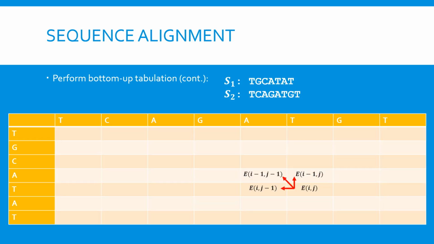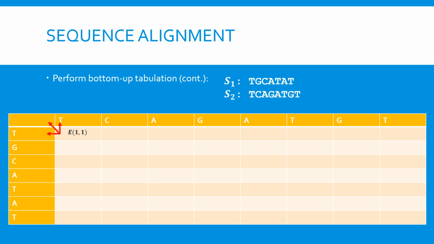Given the 2 input sequences, TGCATAT and TCAGATGT used at the beginning, we will allocate a 7x8 matrix, where 7 and 8 represent the length of the input sequences. Based on the recursive function, we know that the entry E(i,j) depends on 3 other entries: the left entry E(i,j-1), the top entry E(i-1,j), and the top left entry E(i-1,j-1).